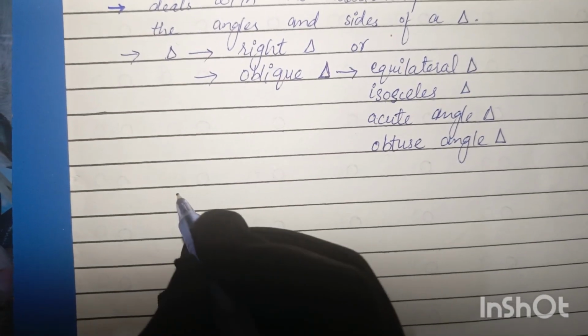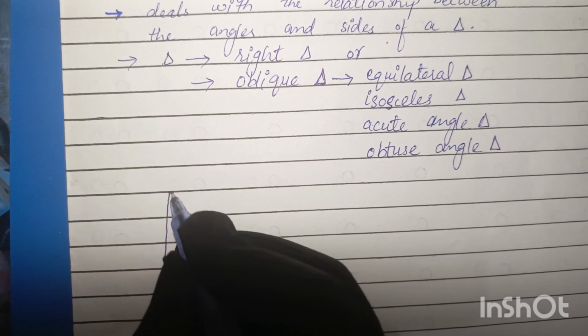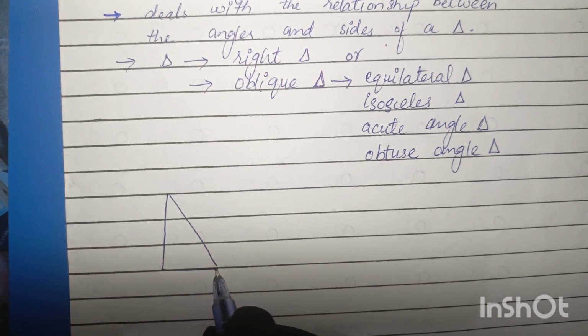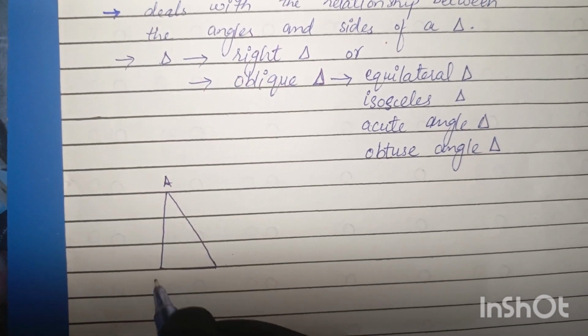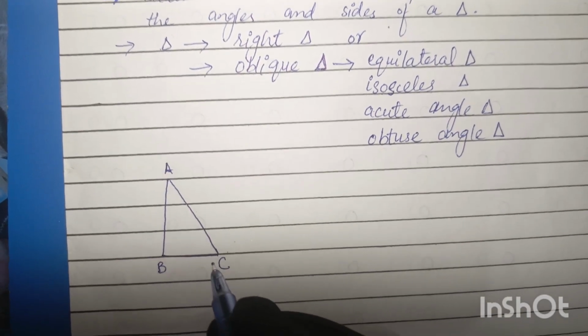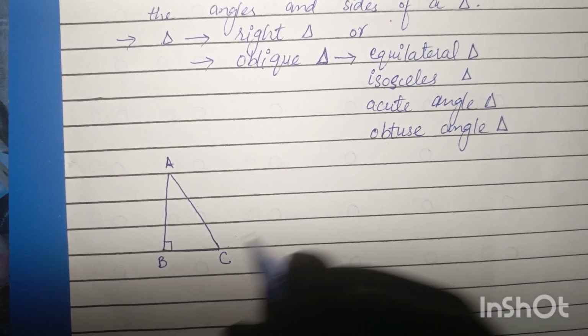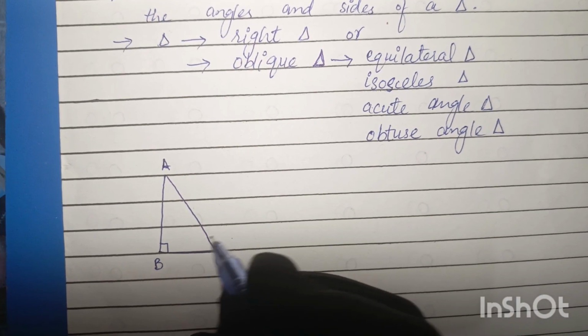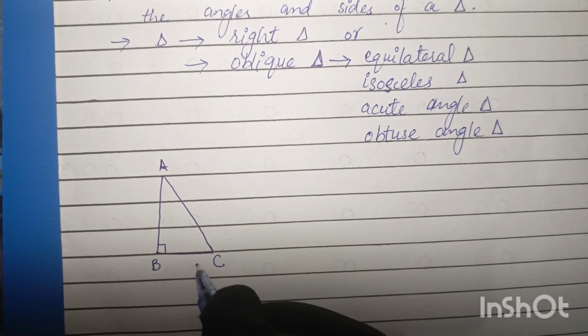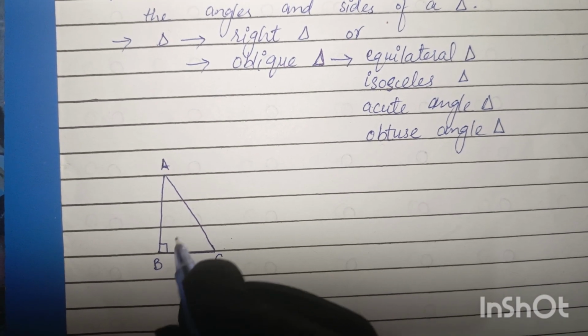Now consider here the right angle triangle ABC, which has a right angle at vertex B. If we have to study the relation between the sides and angles, first we have to label the diagram.